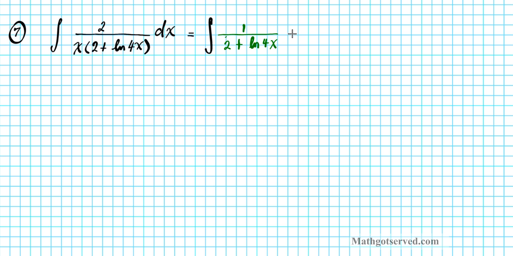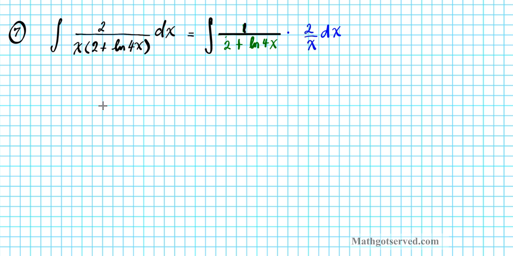And then that times 2 over x dx. Now if I take the function at the bottom here, and if I find the derivative, do I get a multiple of this function here? And the answer is yes. Okay, let's go ahead and show why that's the case.